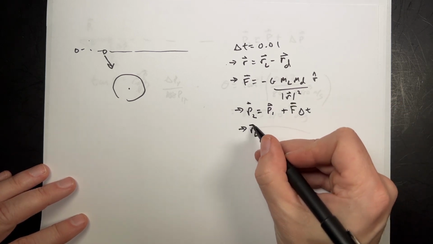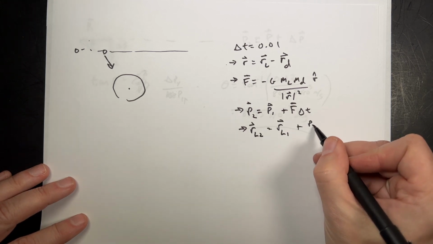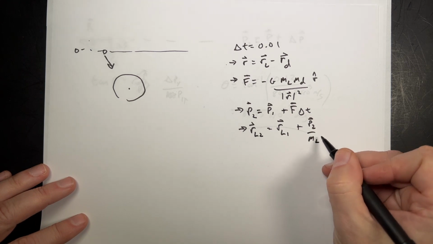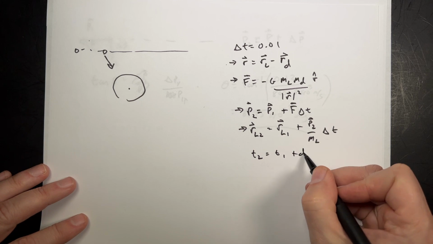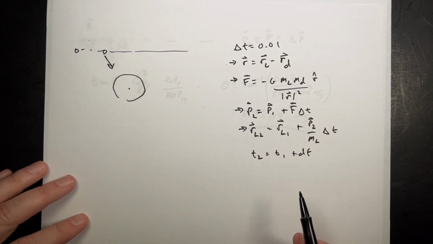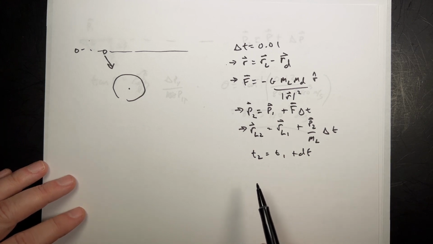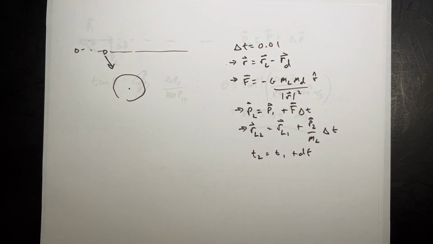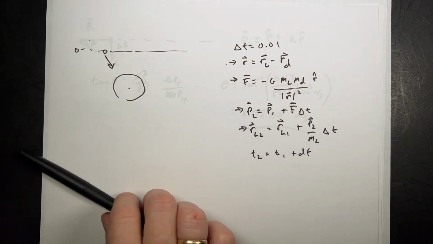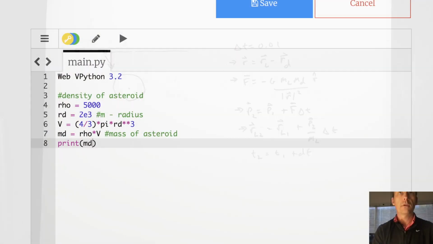R Lucy 2 is R Lucy 1 plus P2 over mass of Lucy, times delta T, and then update time. So this is my standard numerical recipe, right? This is the Euler method of numerical calculation. So I'm going to build all this in Python in 3D, and let's just see what happens and see if it's even fun. Okay, jumping over here to my computer.